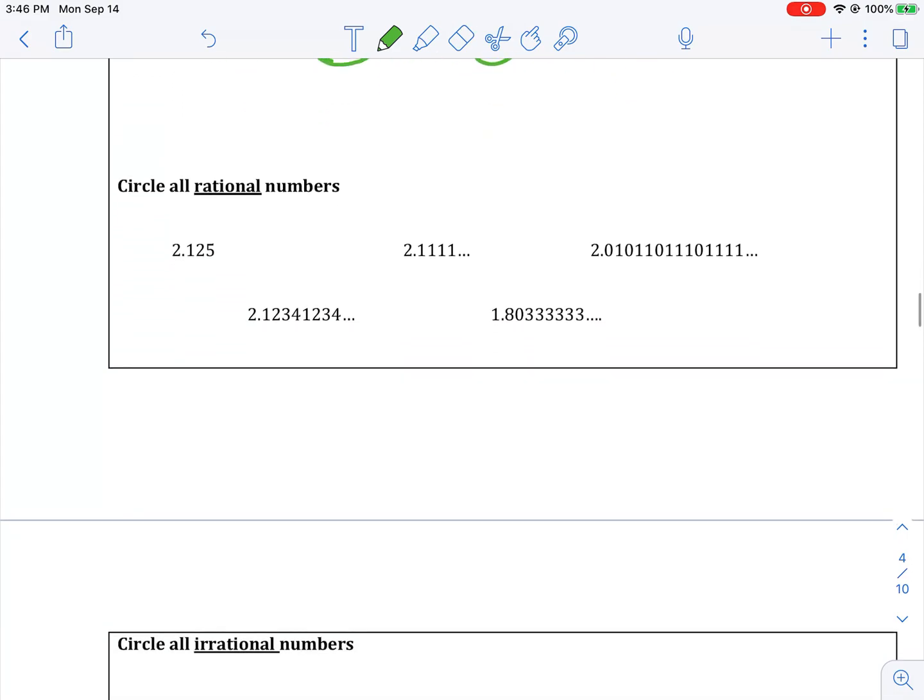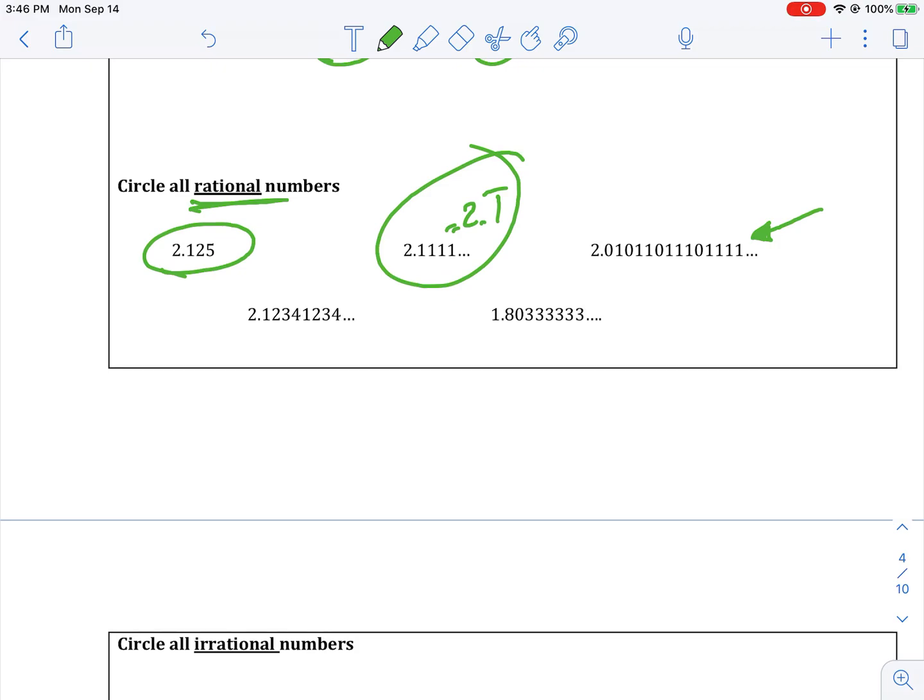Next, we want to circle all the numbers that are rational. This first decimal terminates, it stops, therefore it is rational. This decimal we can write with the bar above it as a repeating decimal, therefore it is also rational. Right here, this decimal does not terminate.